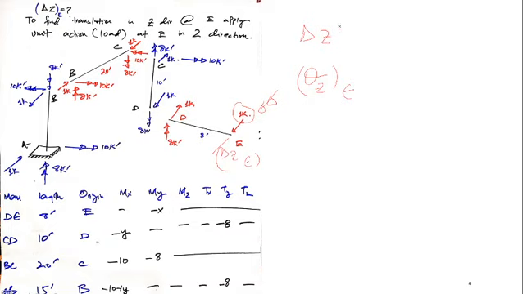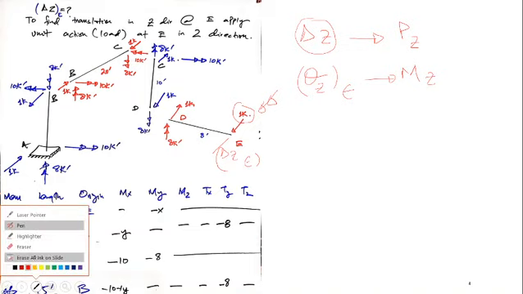But as I have to calculate the translation, and translation is always related with the load, and theta Z or rotation is always related with moment. So I have to find the del Z. That's why I have to apply a load in Z direction. Okay, I have applied a load.